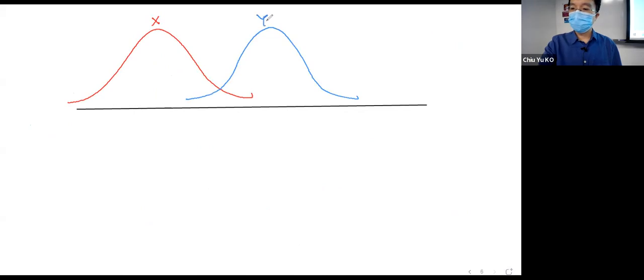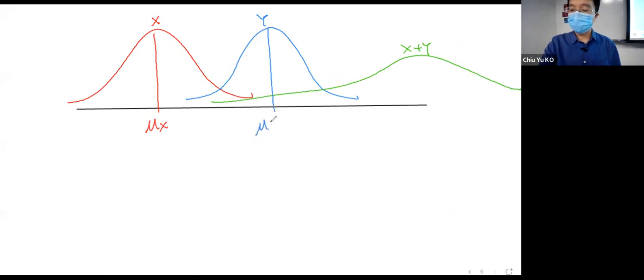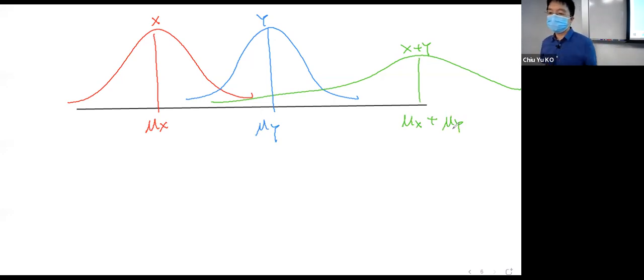What we end up with is like this, which is X plus Y. Suppose this is mu X, the mean, and this is mu Y. Here the mean is mu of X plus mu of Y. So it is still a bell. The mean location, we just add them up, and it's just a new mean.